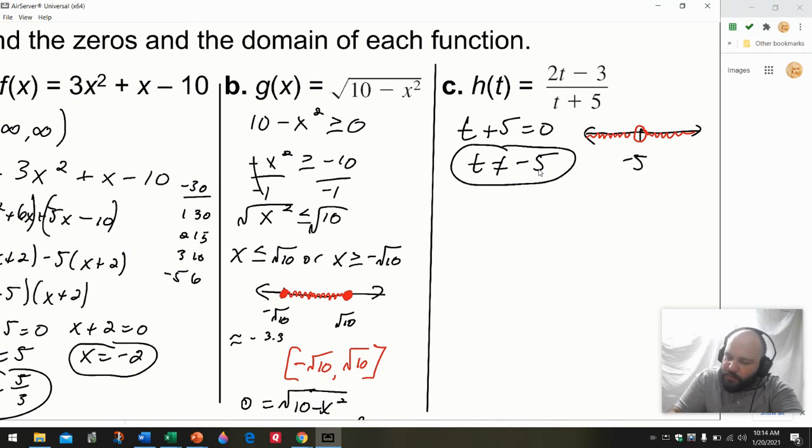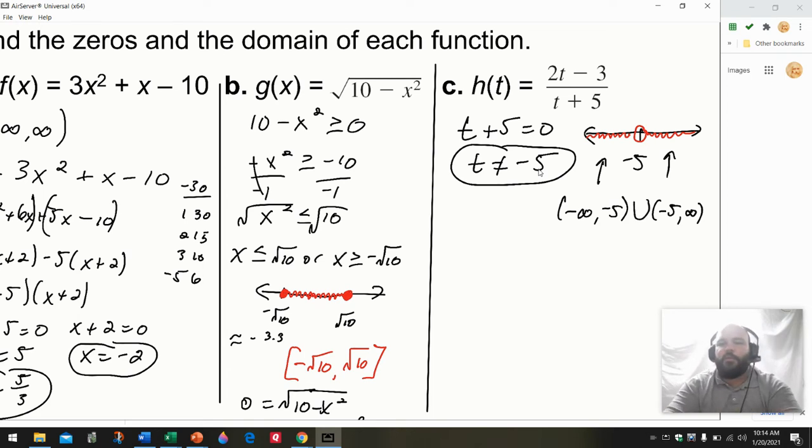The first one we're going to represent is this side over here, and that side is from -infinity up to -5, but not including, so we're using a parenthesis. The second side is from -5 to infinity. How do we say that those two sets should be put together as one? We use a symbol called a union symbol, simply a capital U, that you put in between those two intervals.